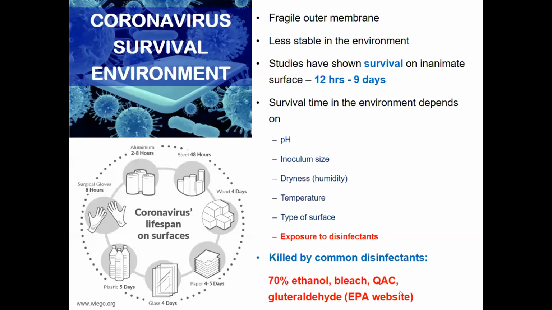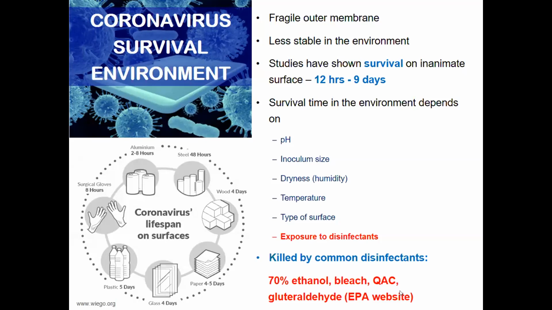We know that the virus has a fragile outer membrane and it is less stable in the environment. But there have been studies that have shown that the virus can survive on inanimate surfaces from anything between 12 hours to approximately 9 days.